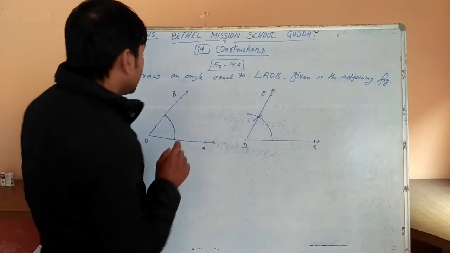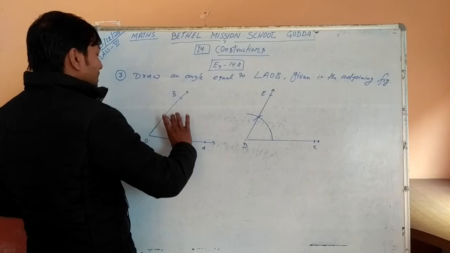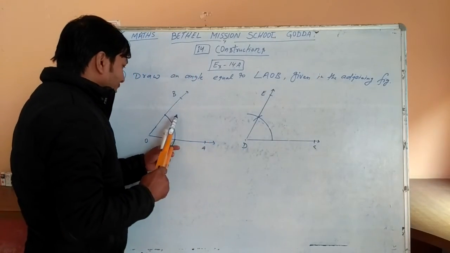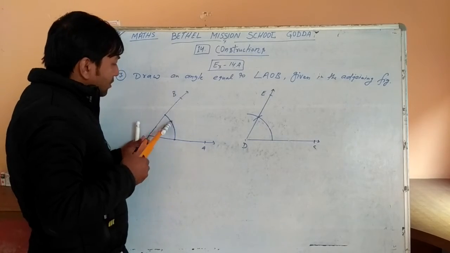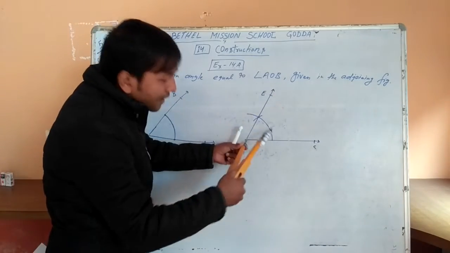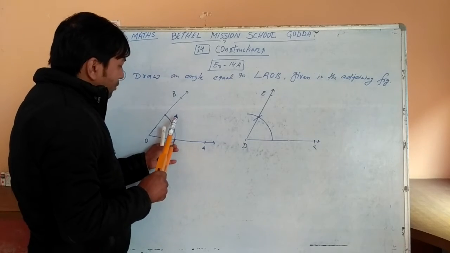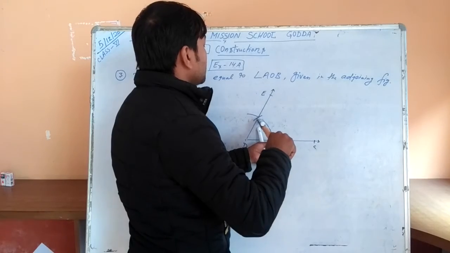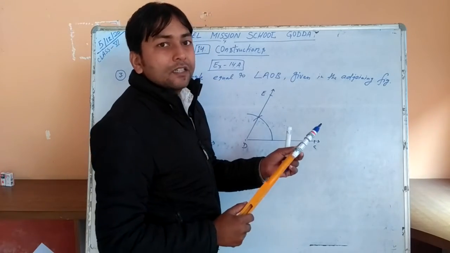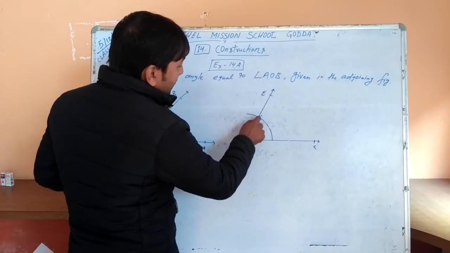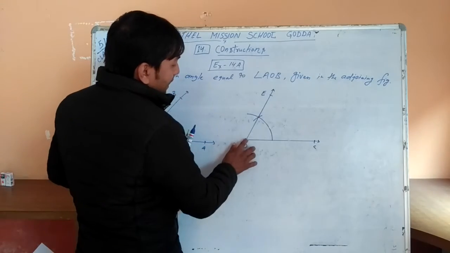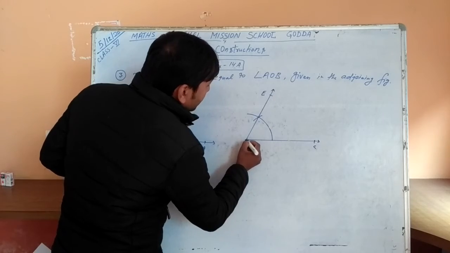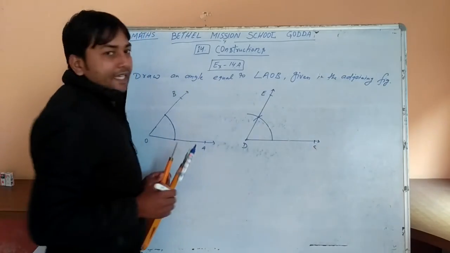The second work is to measure this arc with the help of your compass, measure the length, and cut that length. Where it cuts, with that point and the initial point, you have to draw a line.